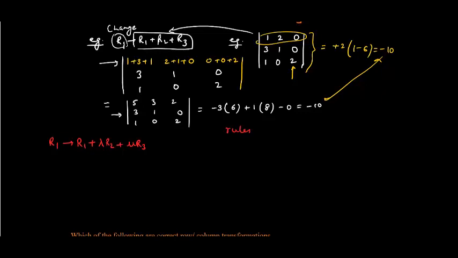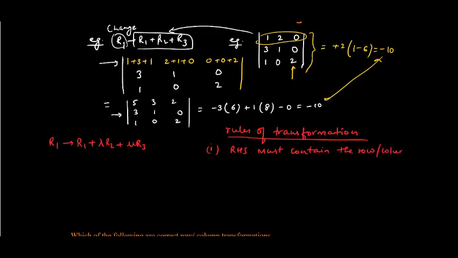The rules of transformation are: first, the right side must contain the row or column that we are transforming.